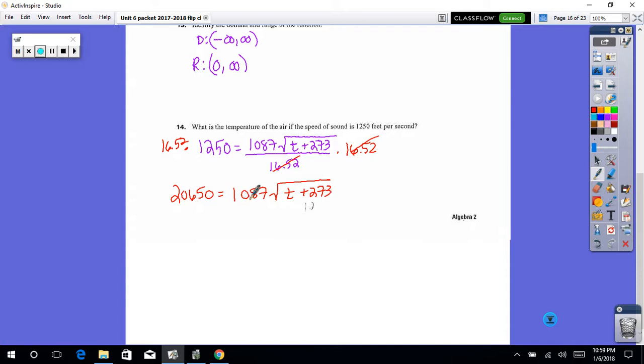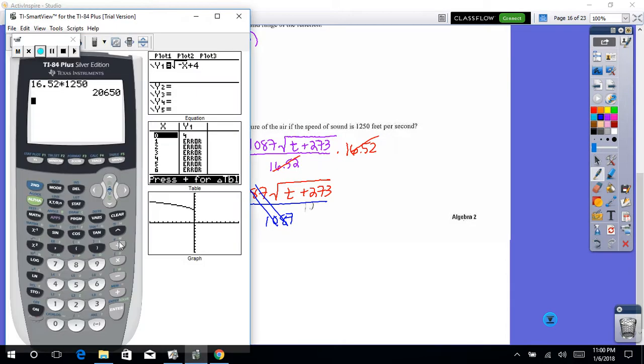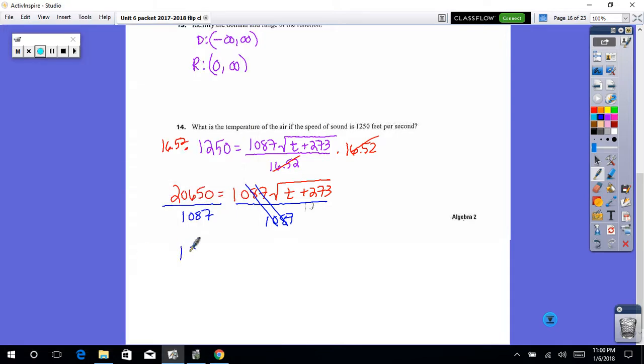Okay, the next thing, we have multiplication. To undo multiplying, we divide. So I'm going to divide both sides by this 1087. Eliminates it there. 20,650 divided by 1087 is 18.997. I'm going to round that to 19.